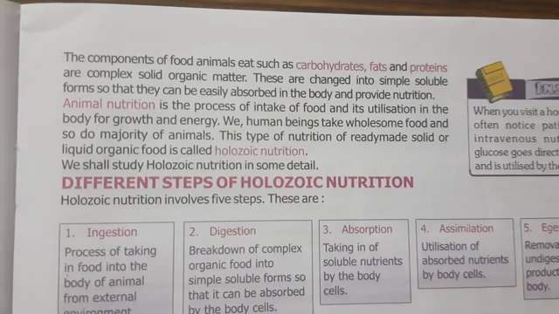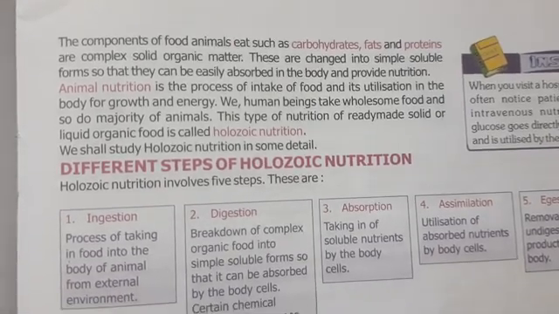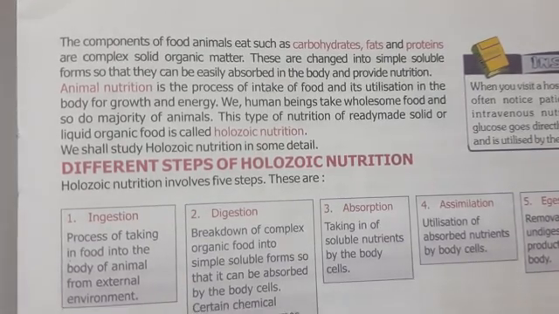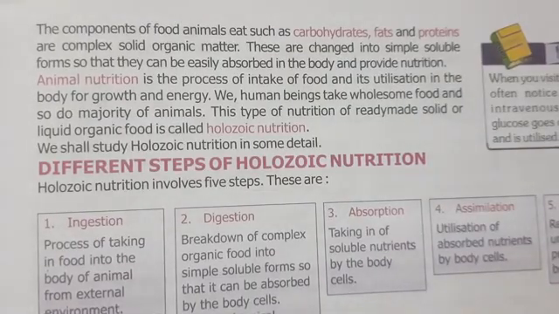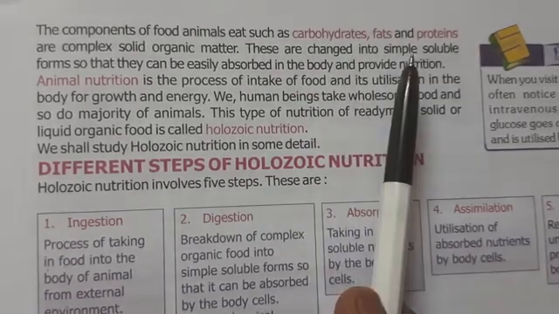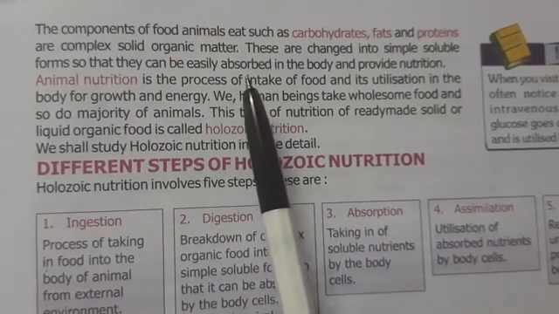You all know what are the nutrients which are present in the food. The nutrients which are present in the food are carbohydrates, fats, proteins, vitamins, minerals. All these are the nutrients present in the food. Now all these, the carbohydrates, the fats and the proteins, they all are very complex organic matter.